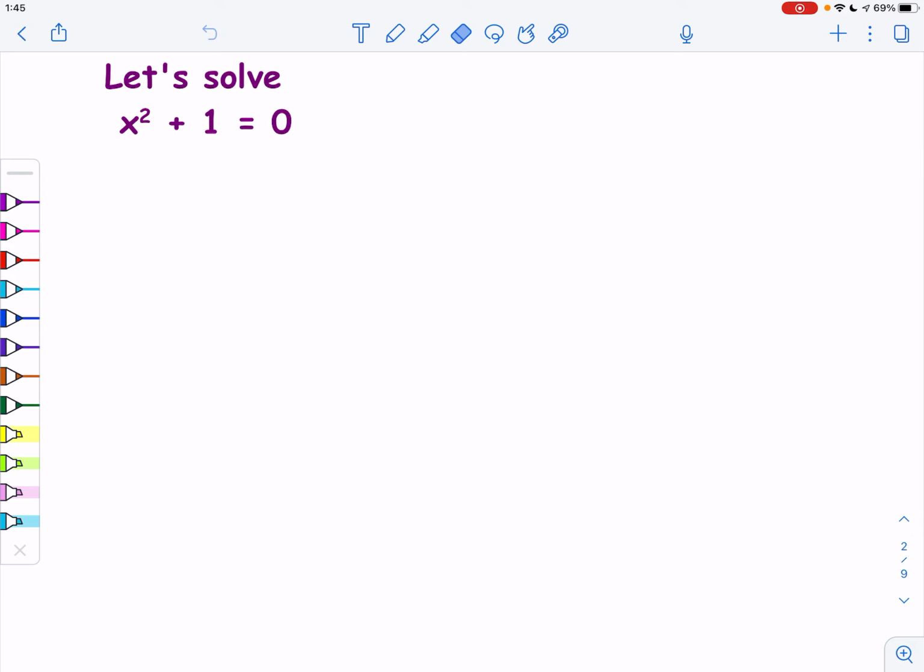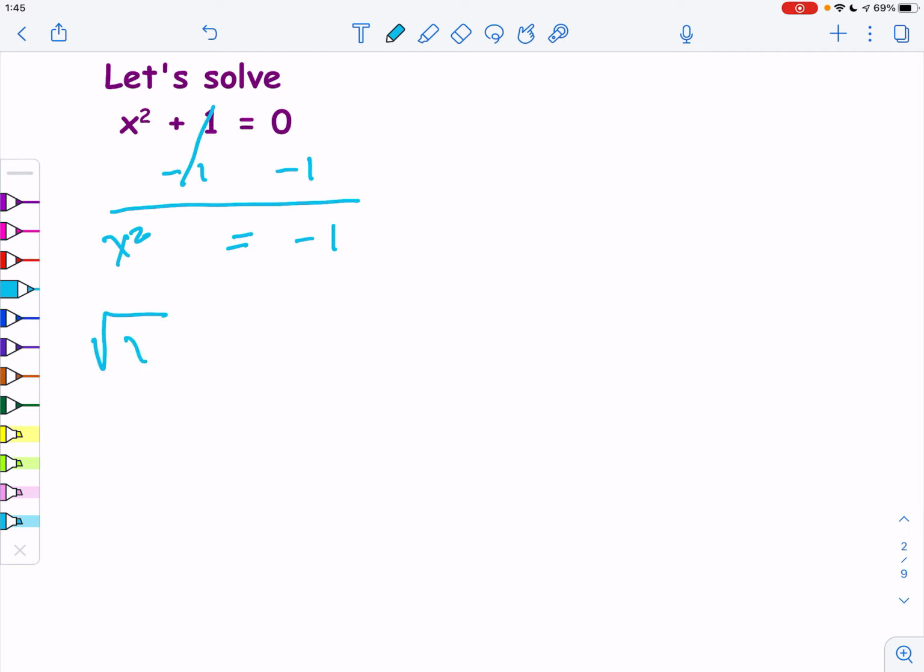Let's start by solving x squared plus 1 equals 0. We want to isolate x, so start by subtracting 1 from both sides. x squared is left on this side. 1 minus 1 is 0, equals negative 1. To isolate x, you need to take the square root of each side.